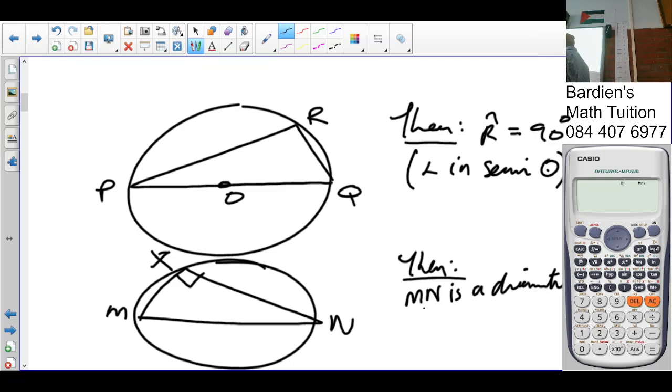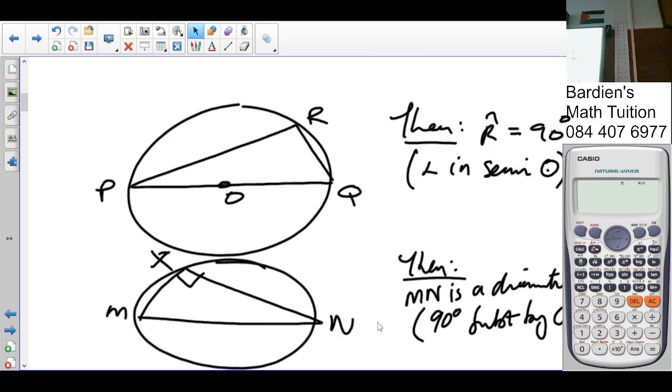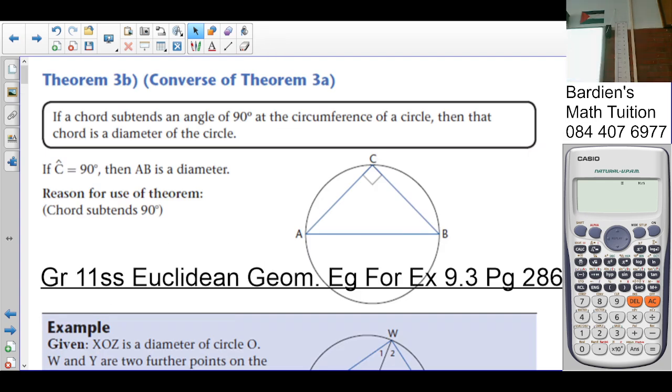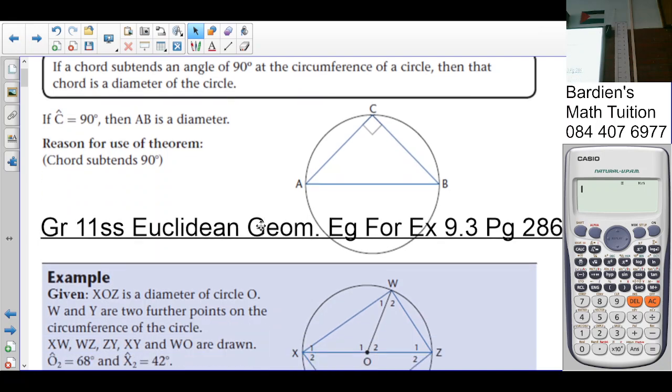Why is that the diameter? Because 90 degrees is subtended by a chord. Of course at this point you are going to make your notes as needed. So at this point we have made our notes.